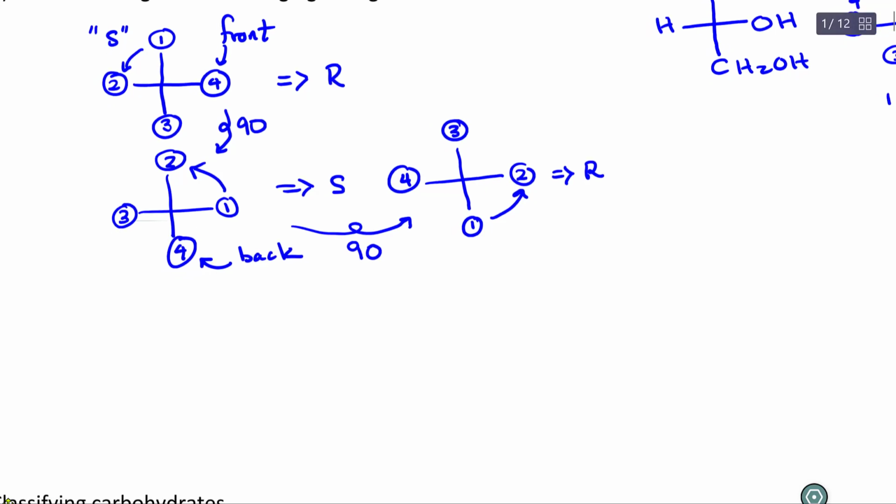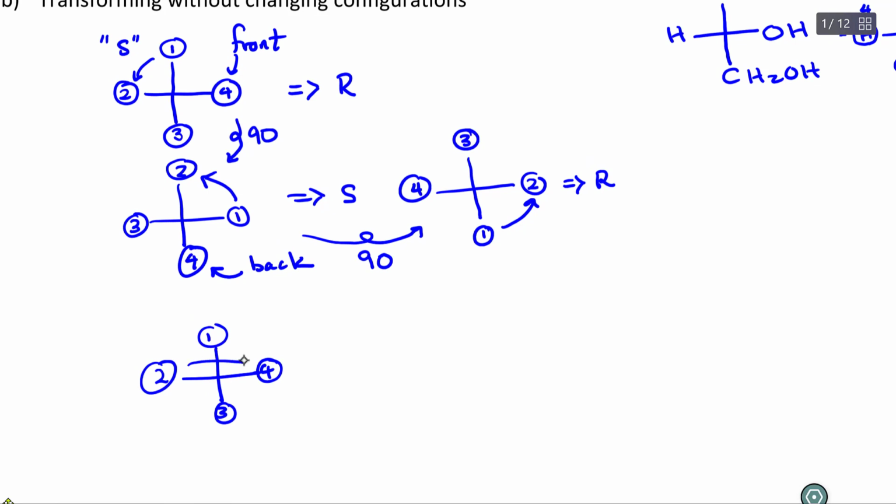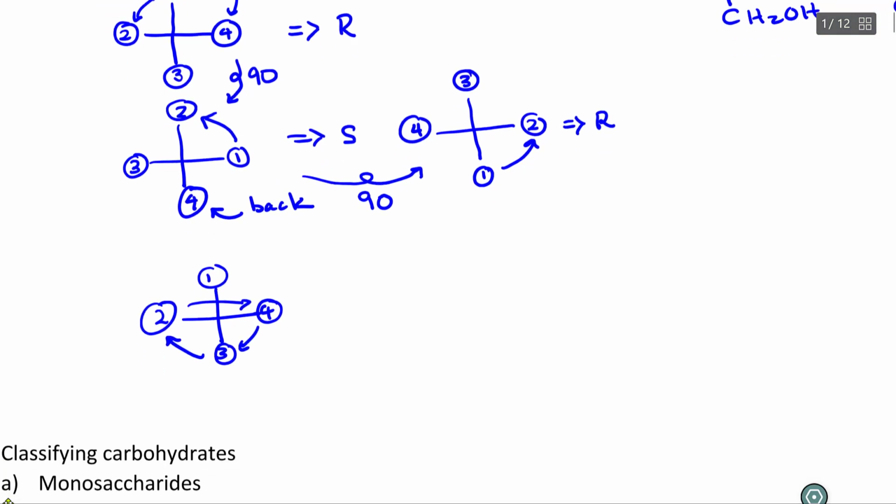Now, one other thing that you can do, and this is a little bit trickier. Not that these weren't tricky enough. But what I'm going to do is redraw what I have up there so you can see it clearly. So this is exactly the same as what I had before. And now I'm going to rotate these groups like this. I'm going to leave 1 in place and rotate 3.